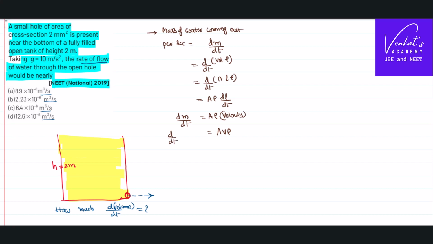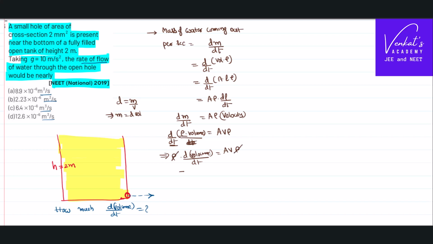d by dt of this mass can be written like, as density is mass by volume, mass can be written like density into volume, by dt. Rho is constant, that can be written outside. Of course, dt is already here. Rho d volume by dt could be A v rho.